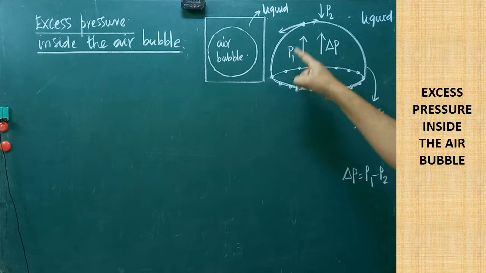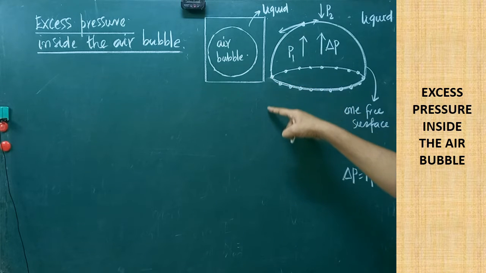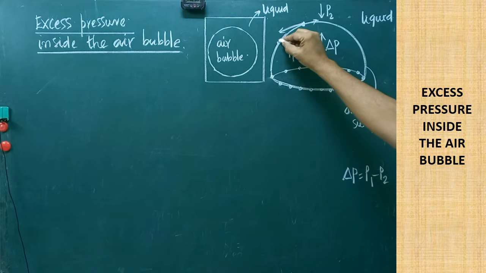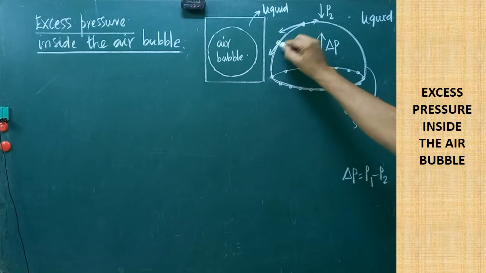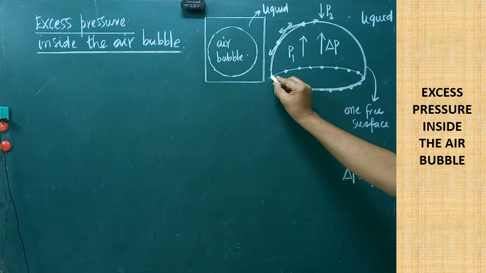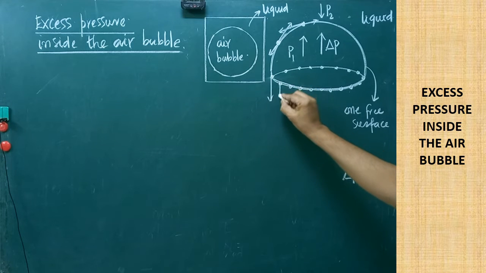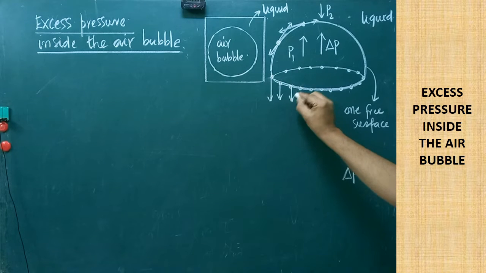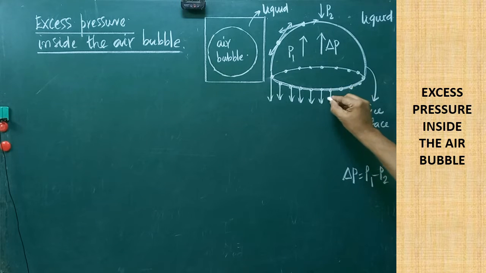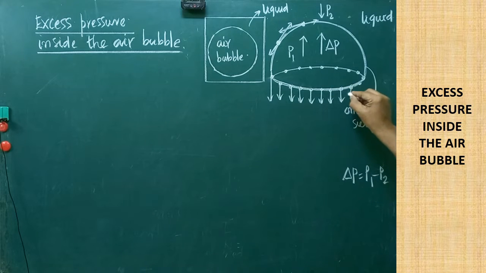So on each molecule, what will happen? The force due to surface tension acts in the downward direction, because if the lines are extended for other molecules also, the tangential forces act on either side. If the same lines are extended here, these are all the directions of the force due to surface tension. So on each molecule, the force due to surface tension acts downward.